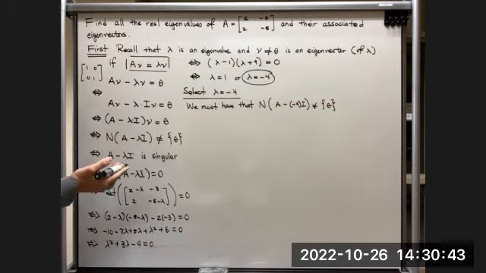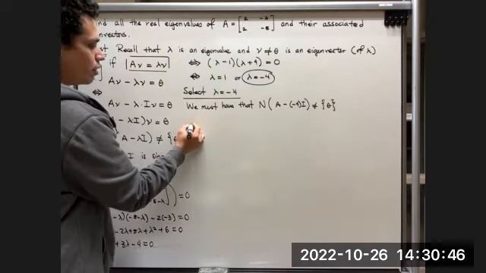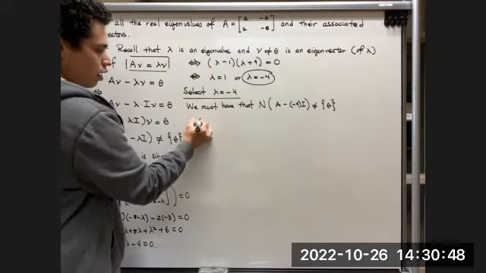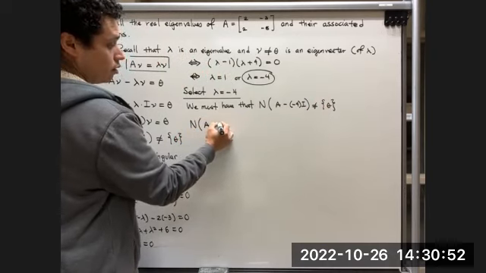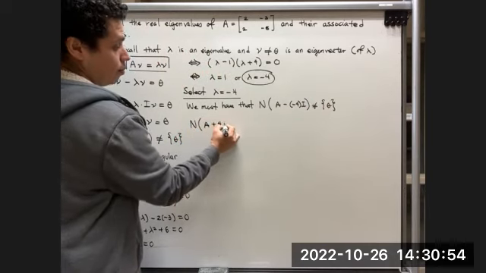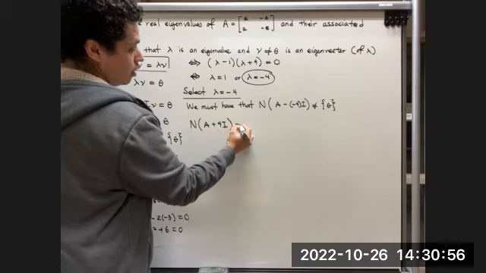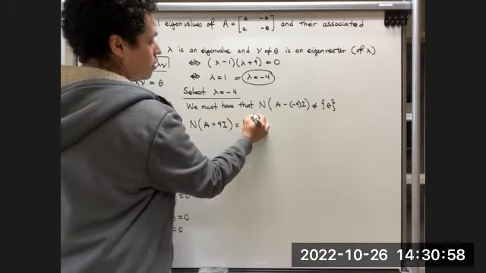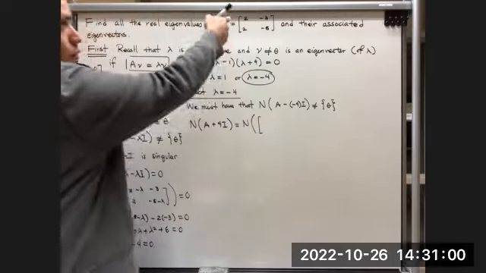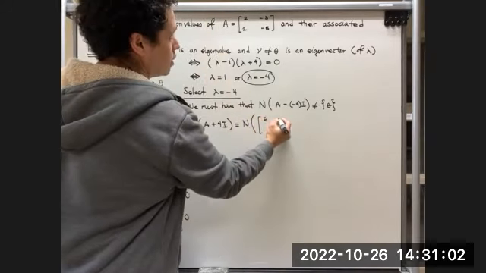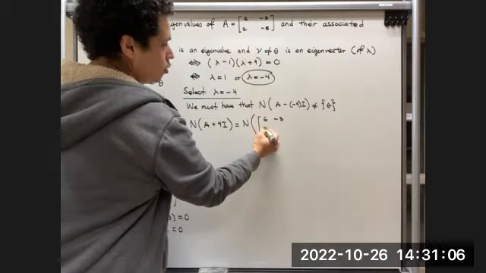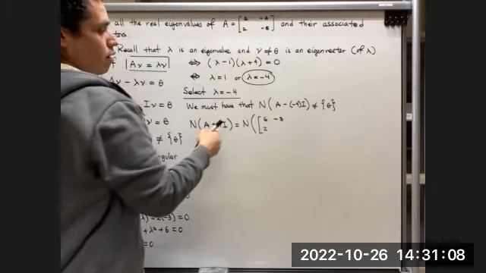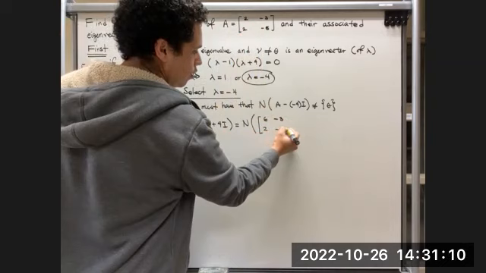But then this one, what does this mean? Well, let's interpret. The null space of A plus 4 times the identity is equal to the null space of what matrix? Well, that should be 6, -3, 2, and -5 plus 4, so -1.